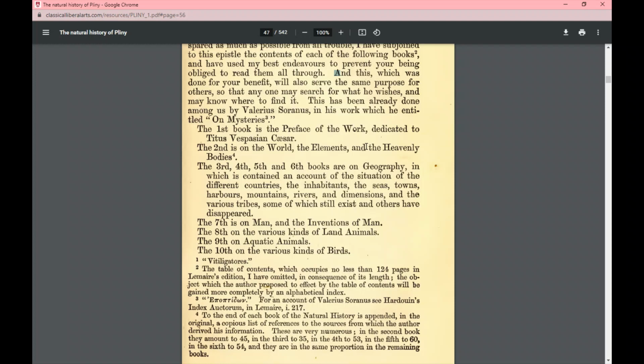Then he goes on and says, the third, fourth, fifth, and sixth books are on geography, in which is contained an account of the situation of different countries, the inhabitants of different countries, the seas, towns, harbors, mountains, rivers, dimensions, the various tribes, some of which still exist and others have disappeared.